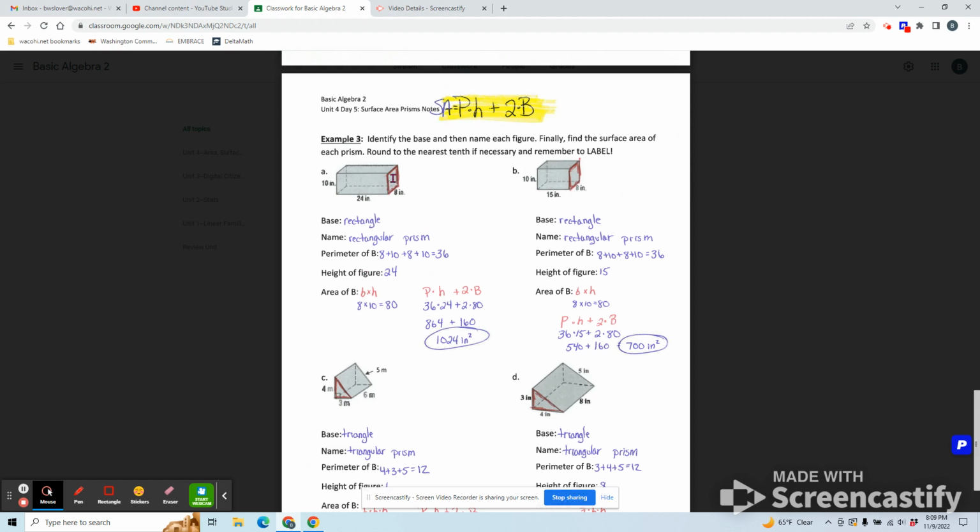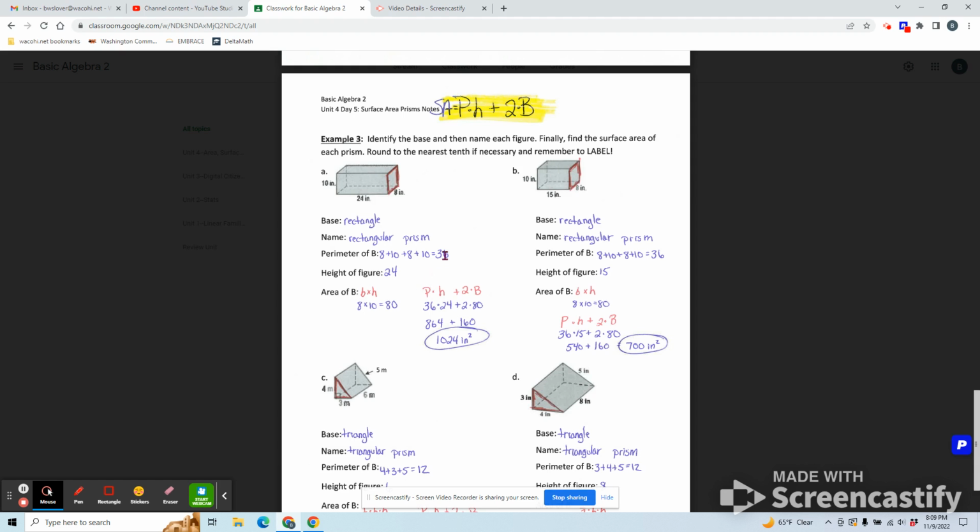The height of the figure, since this is my base, my height is right here. It's kind of like the length because my figure is on its side. So 24. Area of the base. So the area of the base, because it's a rectangle, is base times height. So 8 times 10. Now I'm going to plug all that information in. Now it's a big substitution problem.